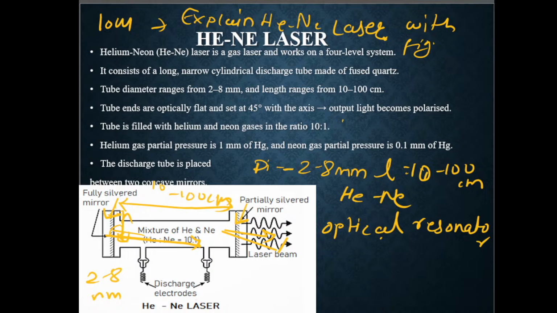And one thing, whatever the mirrors, they are at a 45 degree angle position with the axis. Axis means this is our rod, this is the tube and this is the axis of this tube, and whatever the mirrors we are fitting here, that is a 45 degree angle.